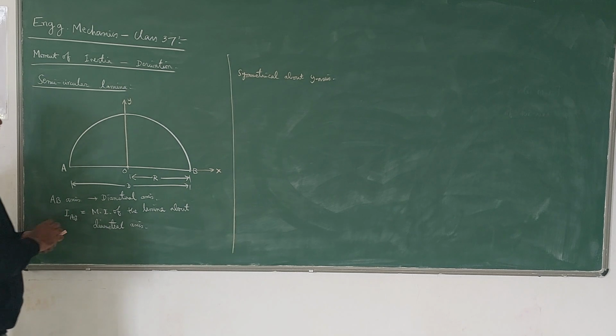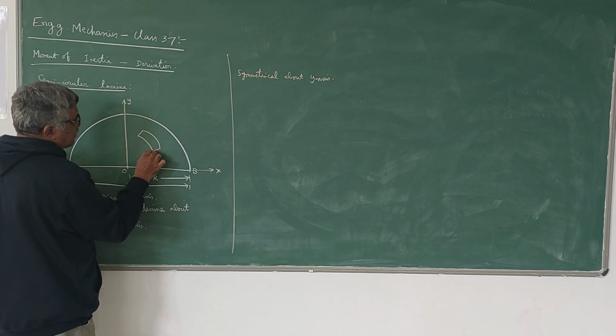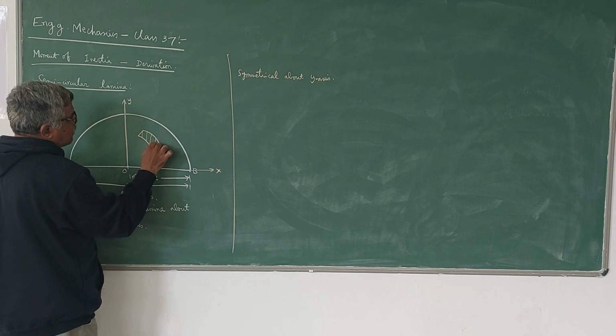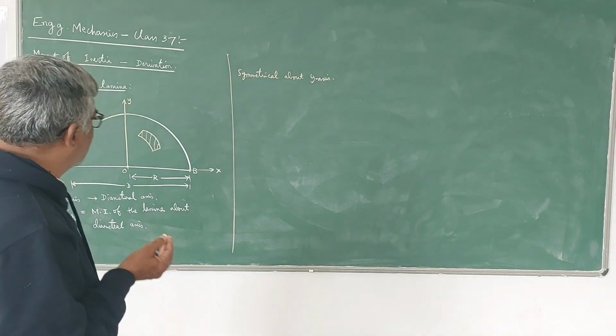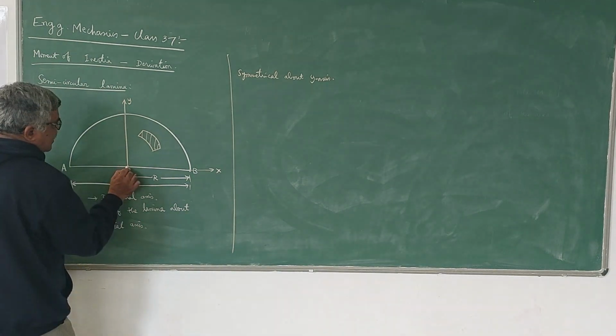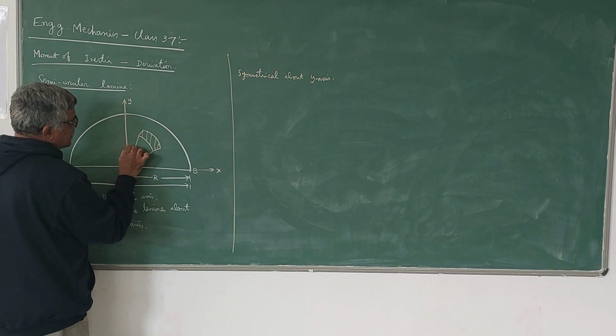For the derivation purpose, let me consider an elemental strip like this. It is a curved boundary. In the case of curved boundaries, we are going to use polar coordinates, just as I explained in the centroid lecture. You can refer to that earlier lecture. I will take this distance as r.